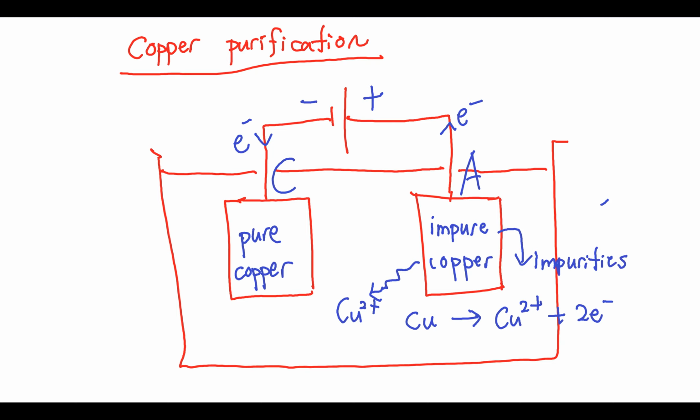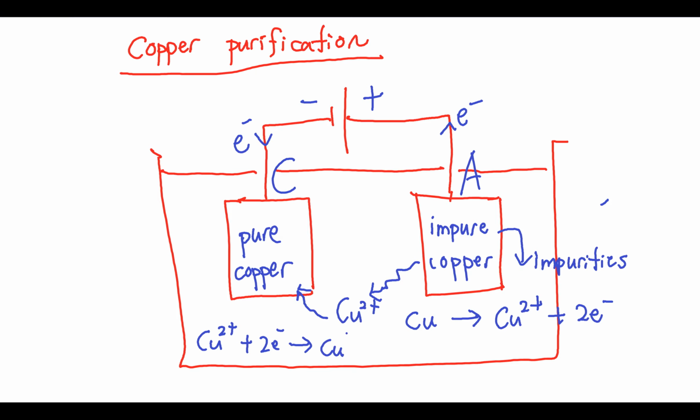The copper ions in solution, because they are positive ions, will be attracted to the negative cathode. And as they reach the cathode, they will receive those electrons and return back to element form. So the copper ions at the cathode will receive the electrons and return back to metallic copper atom state.